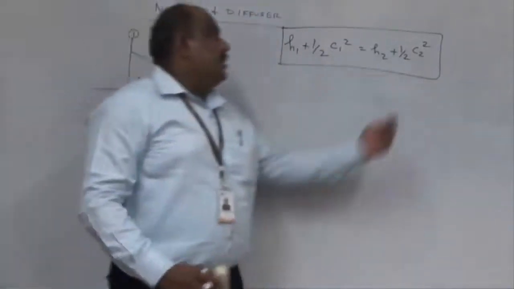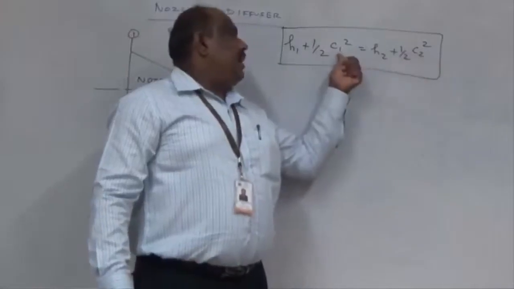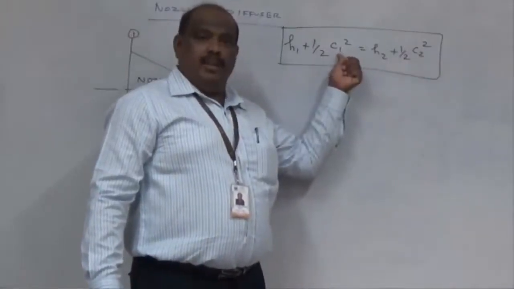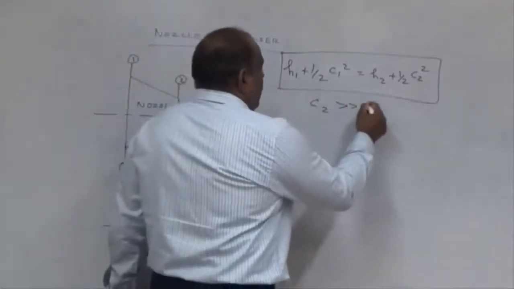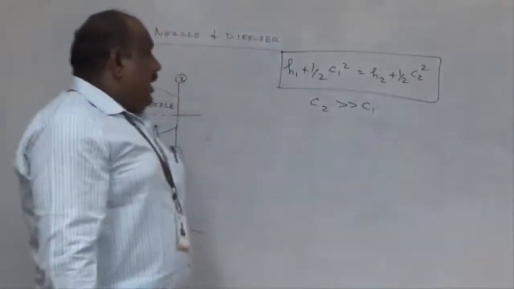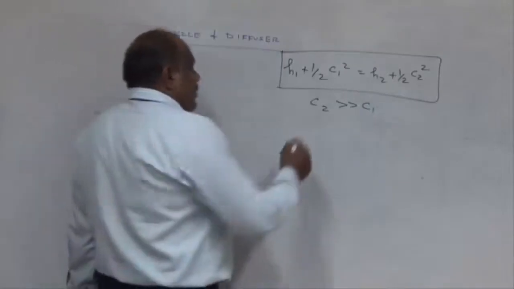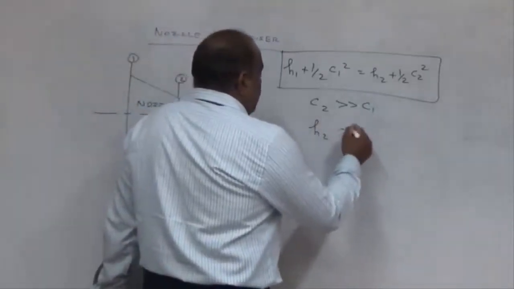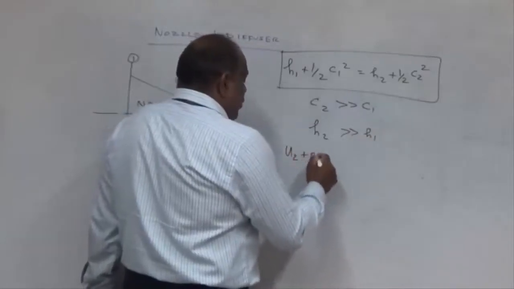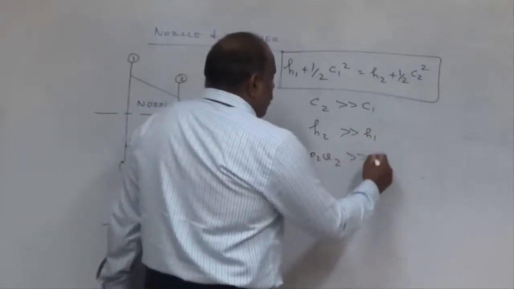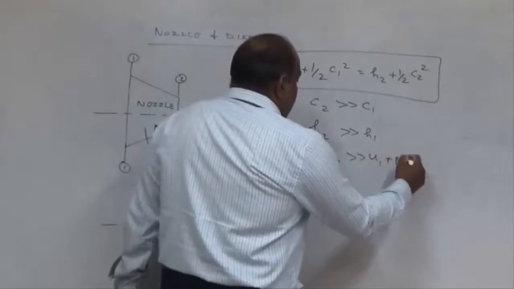In case of the nozzle, C2 will be comparatively higher than C1. In case of the diffuser, H2 will become greater than H1. What is H2? H2 is nothing but U2 plus P2 V2, which should be greater than U1 plus P1 V1.